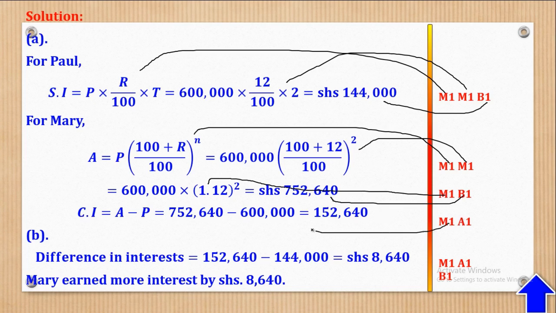Then here M1 was for subtraction and A1 was for the output. Here M1 was for this subtraction and A1 was for this output, and B1 was for you to state who earned more interest. So basically that's how the marks could be awarded.